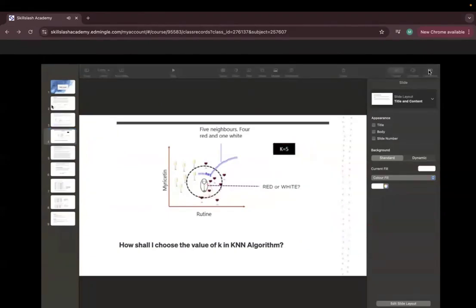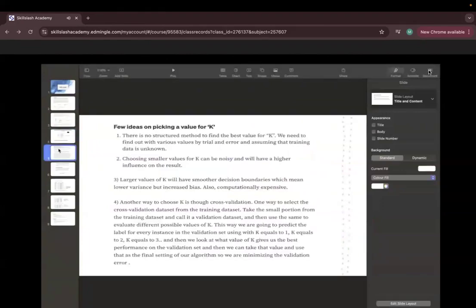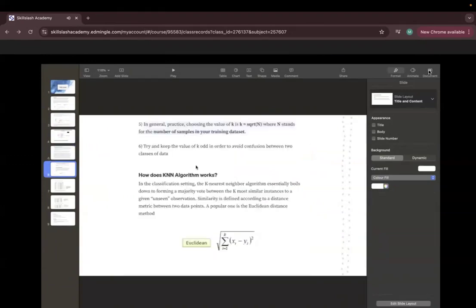That is the question. We cannot assume it. You can see there are so many options for choosing the value of k. I'm leaving it for you guys, because I'm going to give you the PPT, pick up the PPT and read it. The precise one is this.